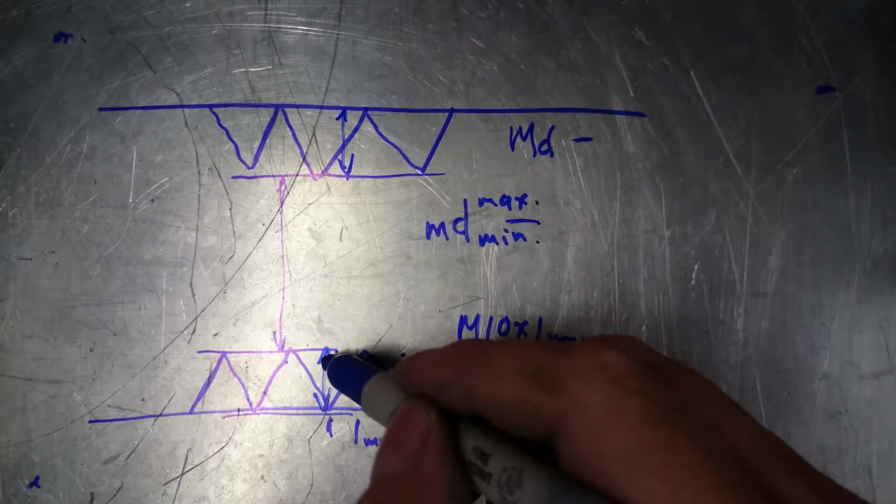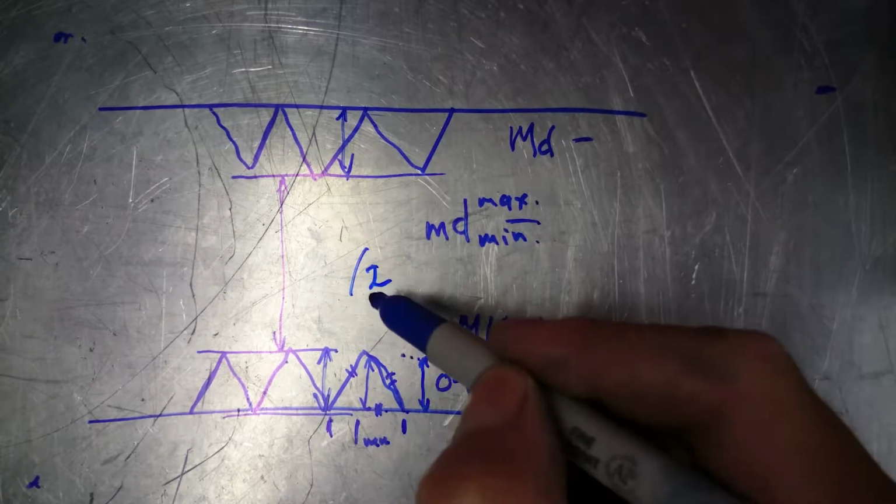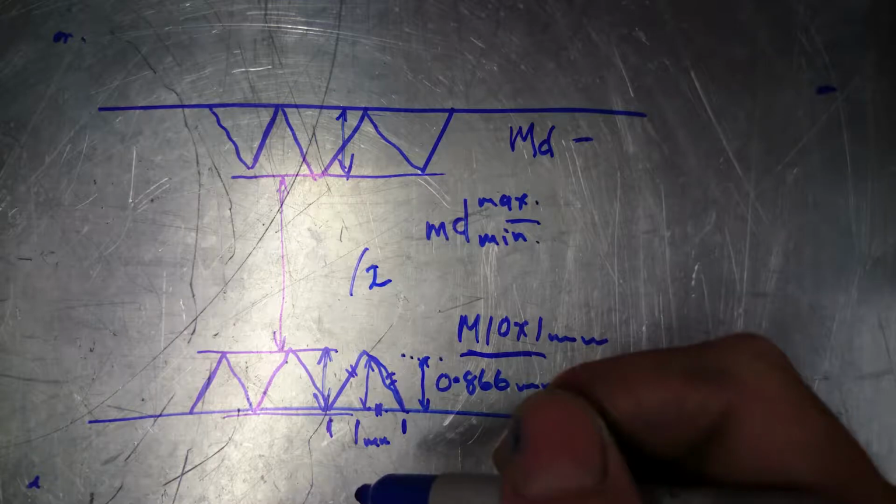That'll tell us how deep we have to cut the thread. So if we take the difference between the two and divide it by 2, it'll give us the single-sided depth of the thread. So let's do that for the M10 specification.